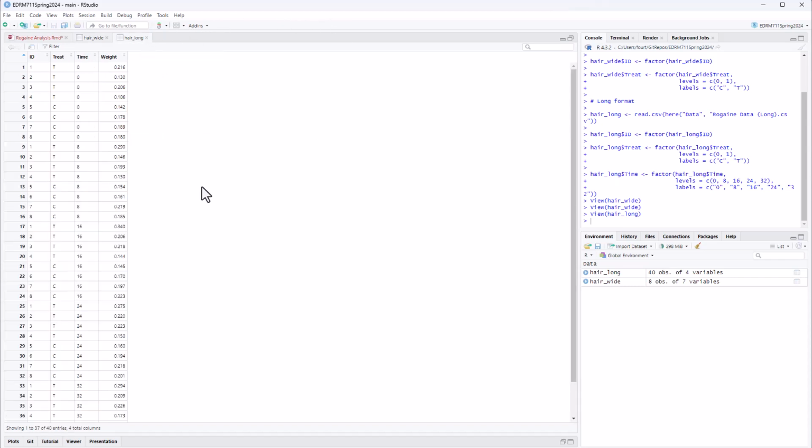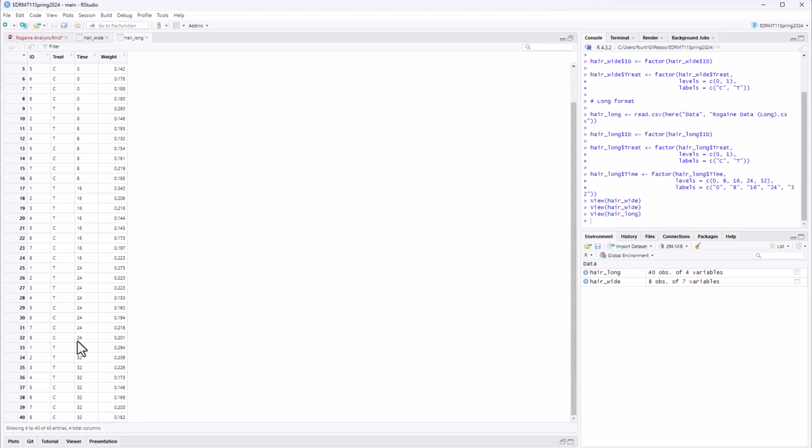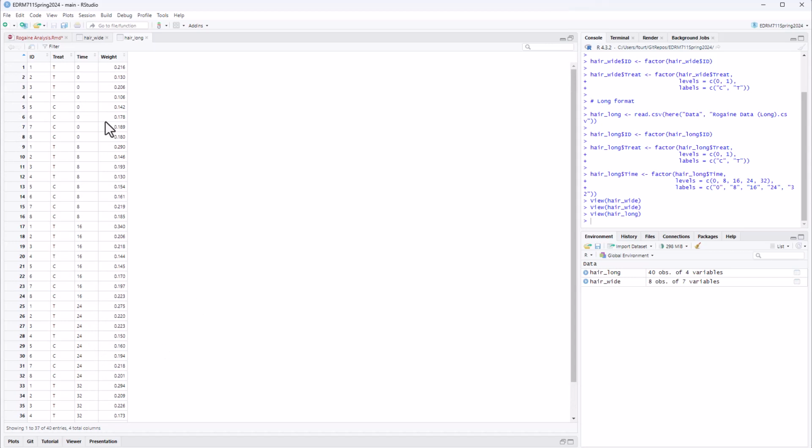So what we're doing now is adding in the week as a single variable. Here it is. I've listed it as time. So we have time 0, time 8, time 16, time 24, time 32. And then here is the weight for each of those times.